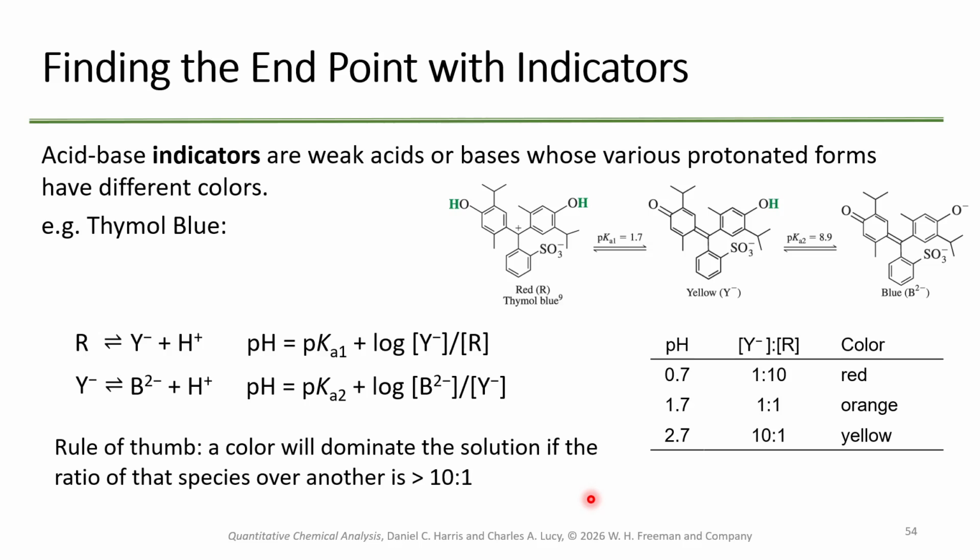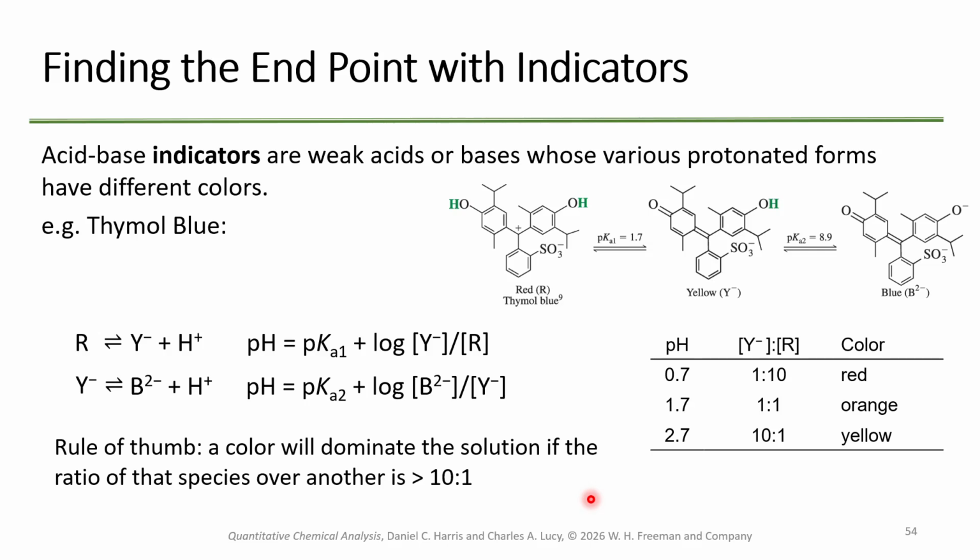But in most cases where we're doing titrations, they're close enough. It's good enough. Because when you're doing most titrations, you're looking at like multiple pH units changing with a single drop, right? And so that means if you have multiple pH units, that would be 100 to 1, wouldn't it? Okay. And so you can get a 10 to 1 ratio pretty fast when you're looking at pH, right?